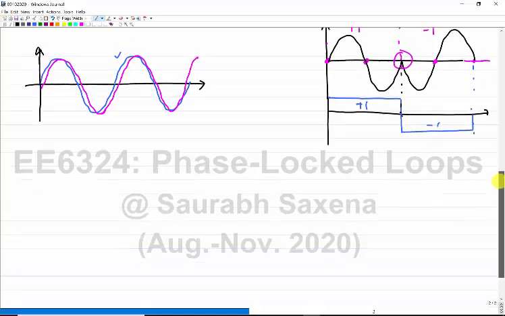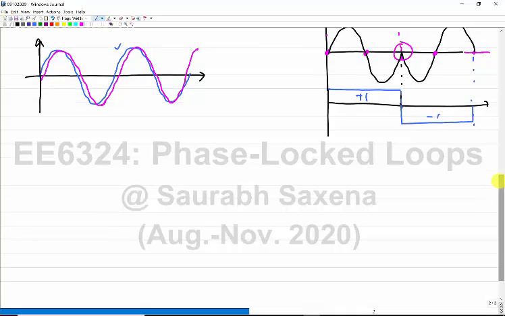Now if we look at this ideal sine wave, and you look at the magenta one, which is, let us say, a real sine wave, let's say it's a clock, what you see here is that there is a difference in the zero crossing of the two signals. Let's say I am only looking at the positive edge for now, not the negative edge.